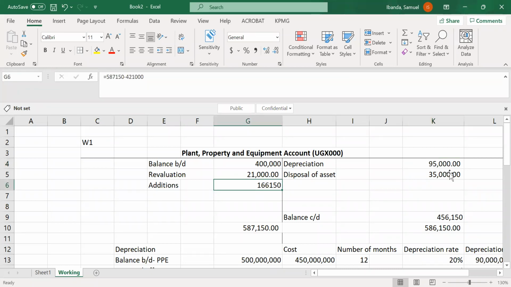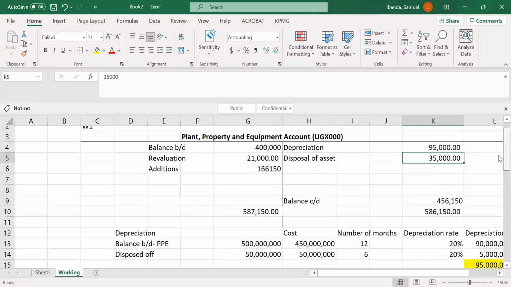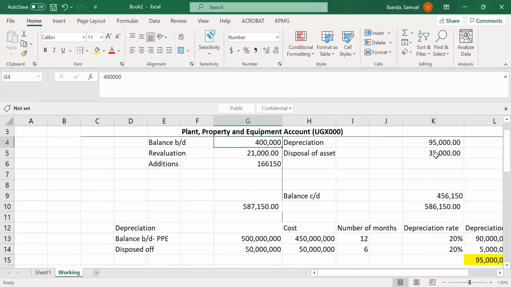Just to comment on this, earlier on we had used 36,000, but this is supposed to be 35,000. Now, why it is 35,000, not 36,000, is because this is a PPE account. And in this PPE account, we are looking at figures at net book value. So when you're trying to adjust for the disposal of the asset, you adjust with the net book value of that asset.